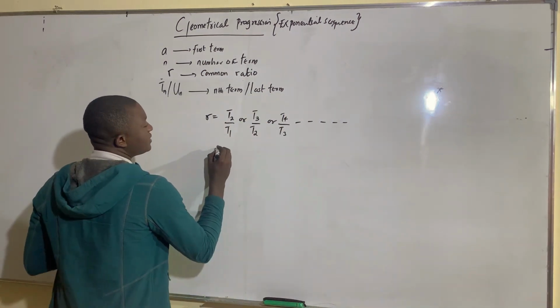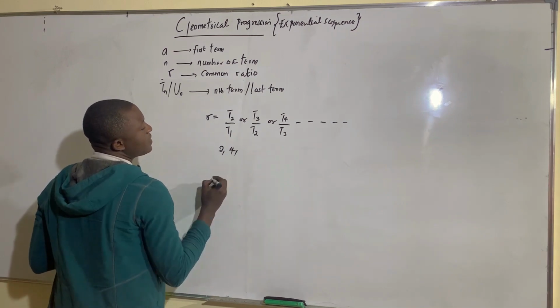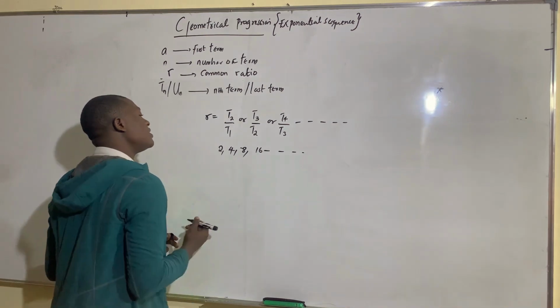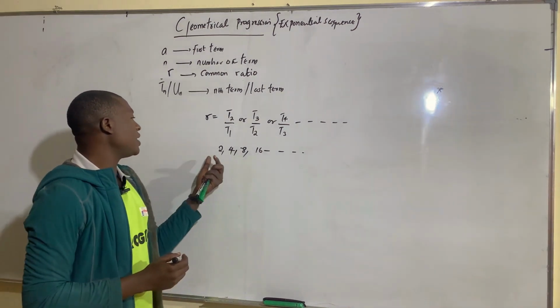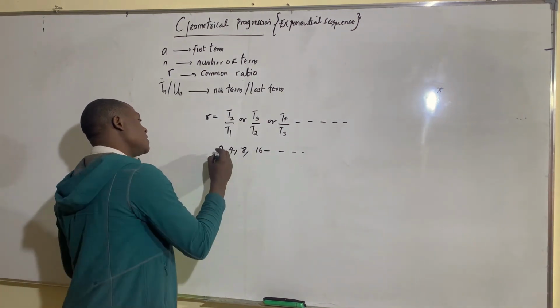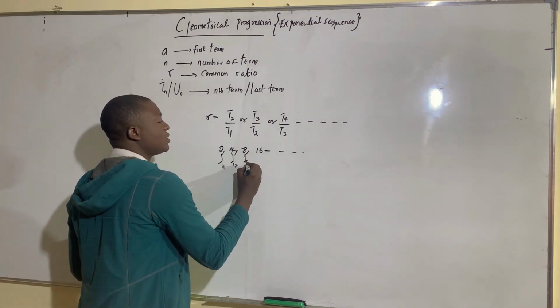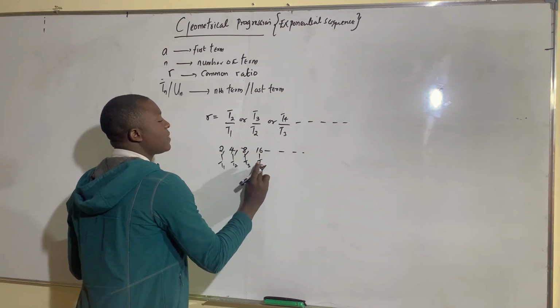For example, let's say we have 2, 4, 8, 16, a sequence like this, just like the way we did under the AP. This is our first term, this is our second term, this is our third term, and this is our fourth term.